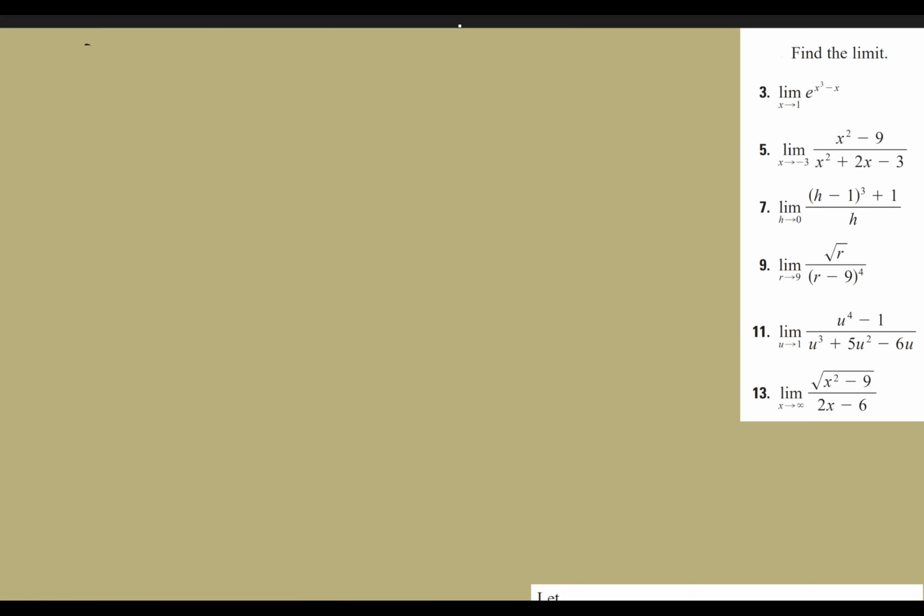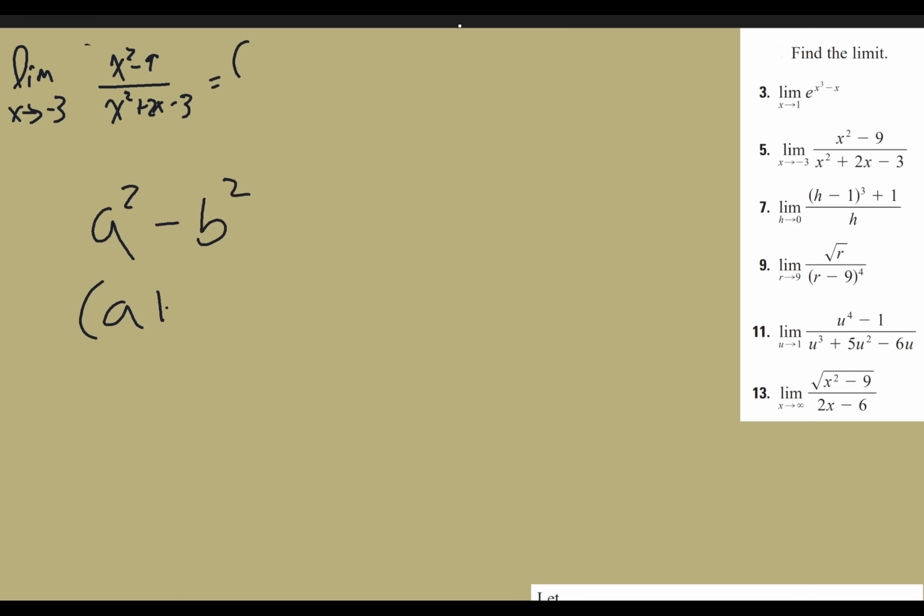Okay. Next one, limit as x approaches negative 3 of x squared minus 9 over x squared plus 2x minus 3. This looks like a factor, and because we definitely played with conjugates, let's rewrite this as, remember, a squared minus b squared comes from a plus b times a minus b.